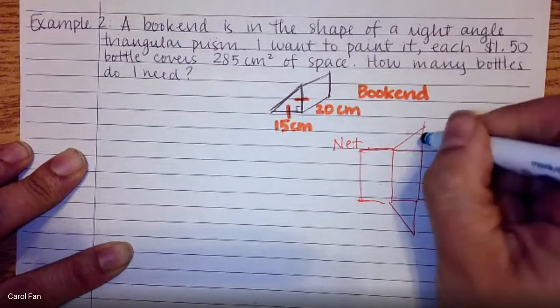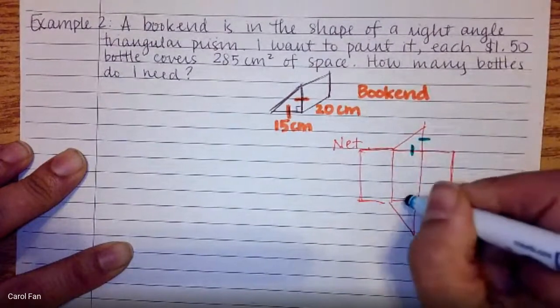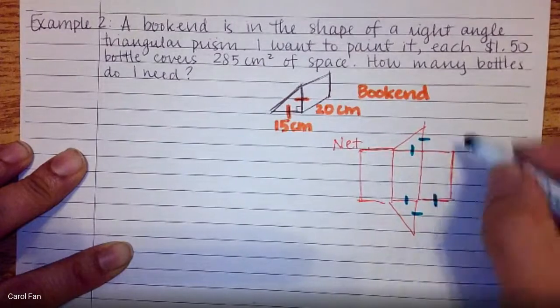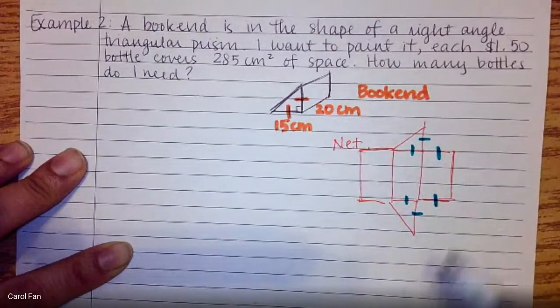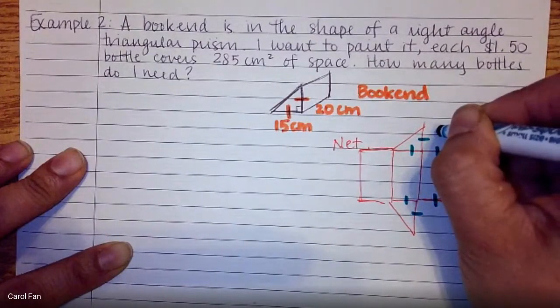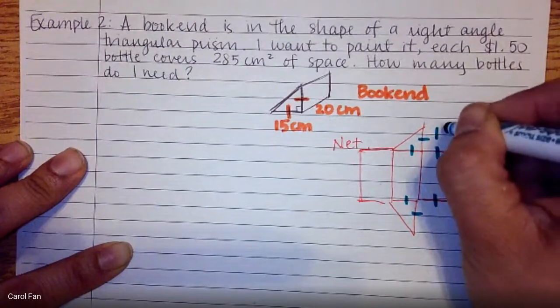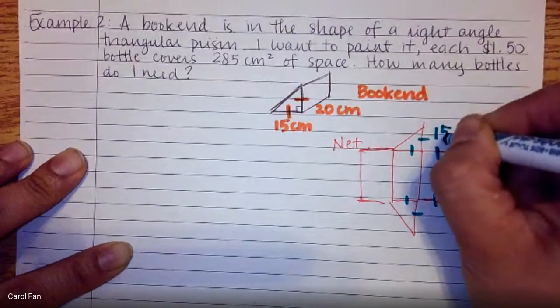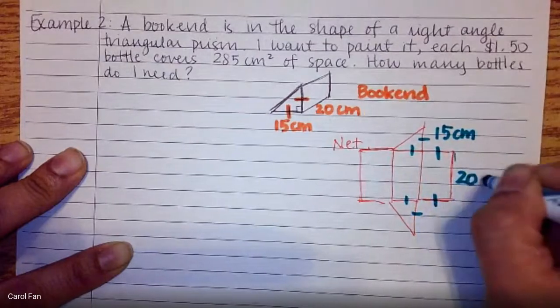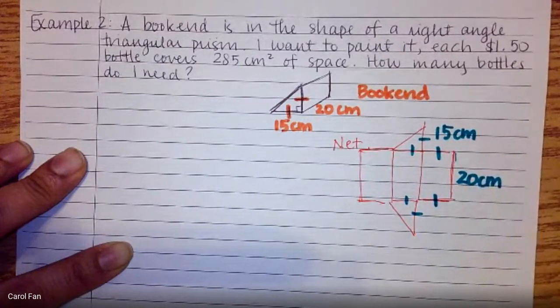Now we know that this is equal to this, but this one has to be equal to this as well, because they used to fold up and meet together. This one is 15 centimeters, and I have this as 20 centimeters.